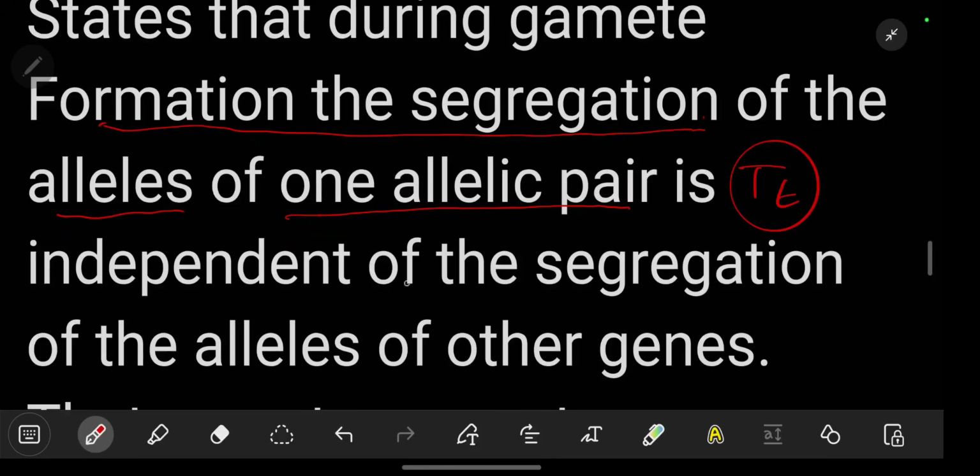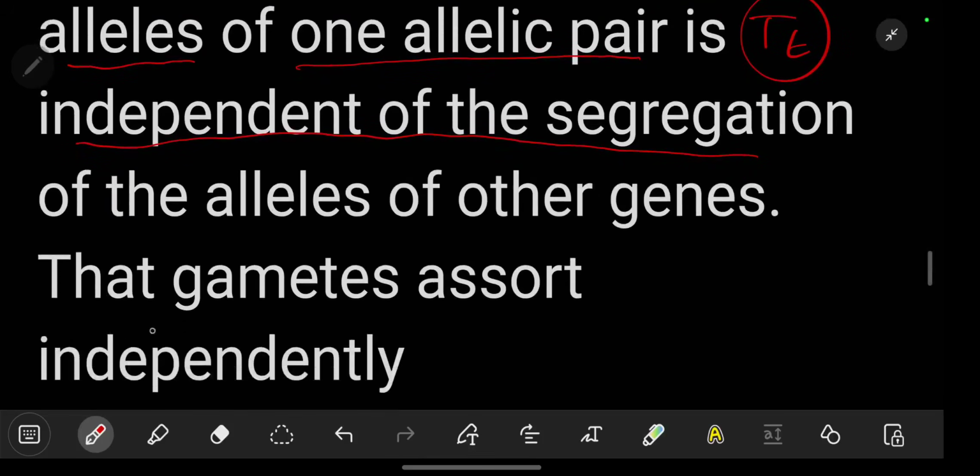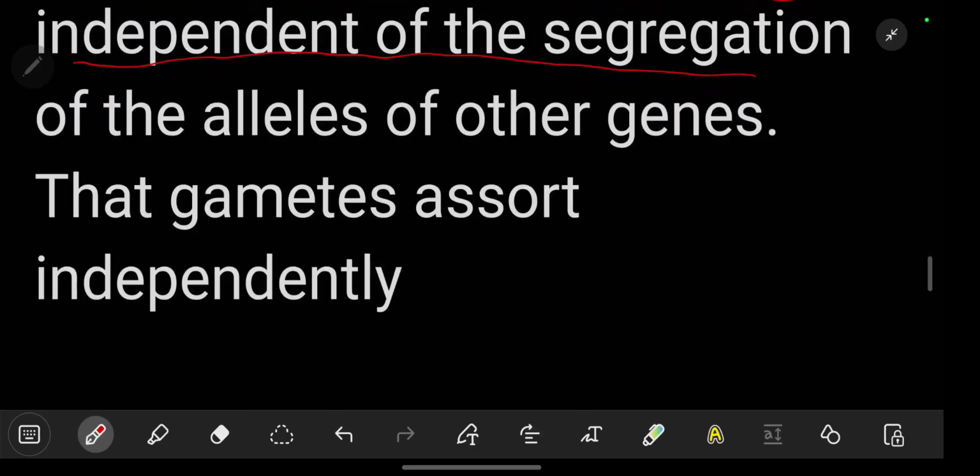Then we have one allele pair that is independent of the segregation of the alleles of other genes. Or in other words, gametes assort independently.